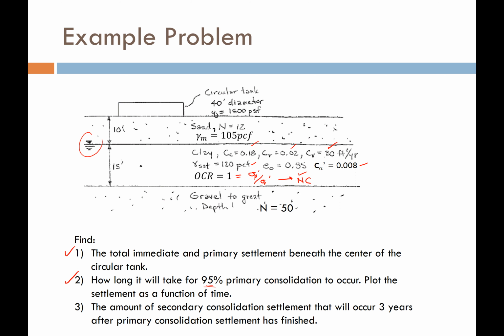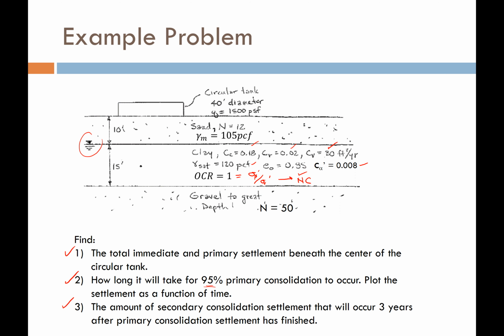Because if you'll recall from Terzaghi's consolidation theory, you can never have 100% consolidation. That takes infinity to achieve. So we're just going to assume 95% is close enough to 100%. And that's what's done in practice a lot of times, by the way.